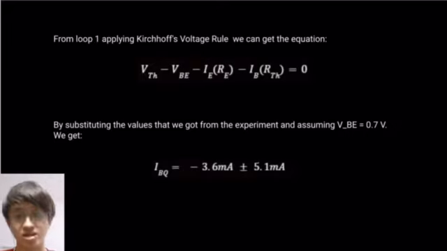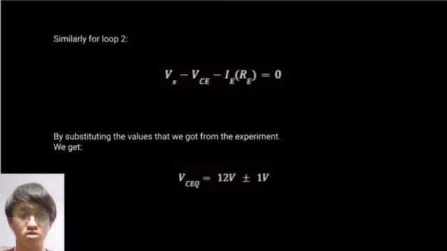This doesn't mean that the current is in the opposite direction, because the positive current is still within the range of error of IBQ. Similarly, for loop 2, we can apply Kirchhoff's voltage rule, and substituting the values we get VCEQ equals 12 volt plus or minus 1 volt.